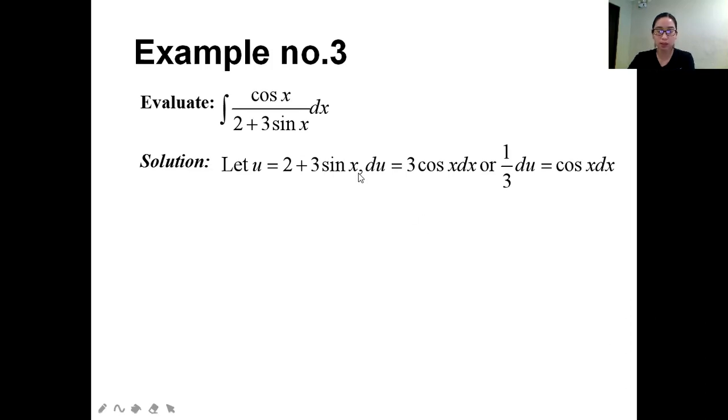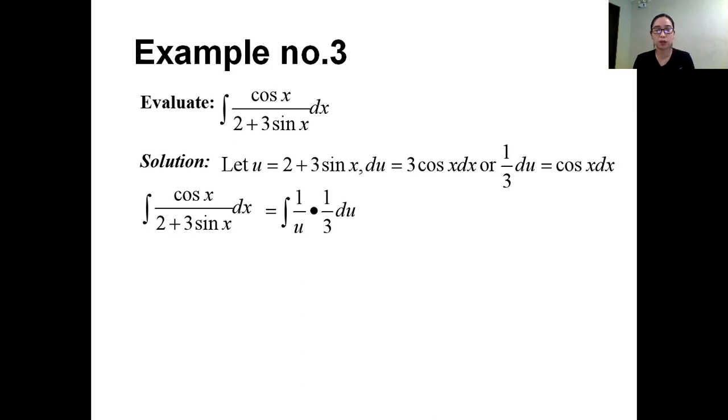So it's easy to solve if we use the method of substitution. The integral of cos x over 2 plus 3 sine x dx will now be equal to 1 over u times 1/3 du, since we separated it.